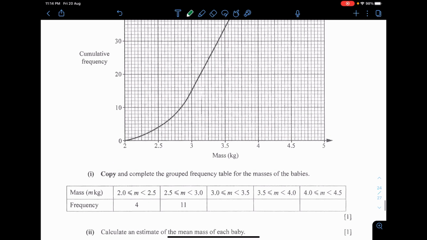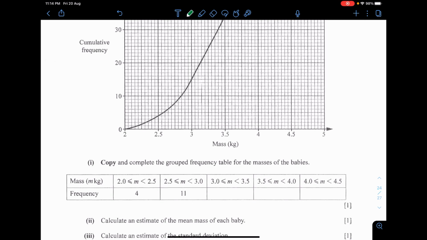From 2 kg to 2.5 kg, you actually see it here. That is actually 4. That makes sense. And then 2.5 to 3 here. The 3 is actually all the way connected to here, which is 15. Just now was here, which is 4. So 15 minus 4 is 11.